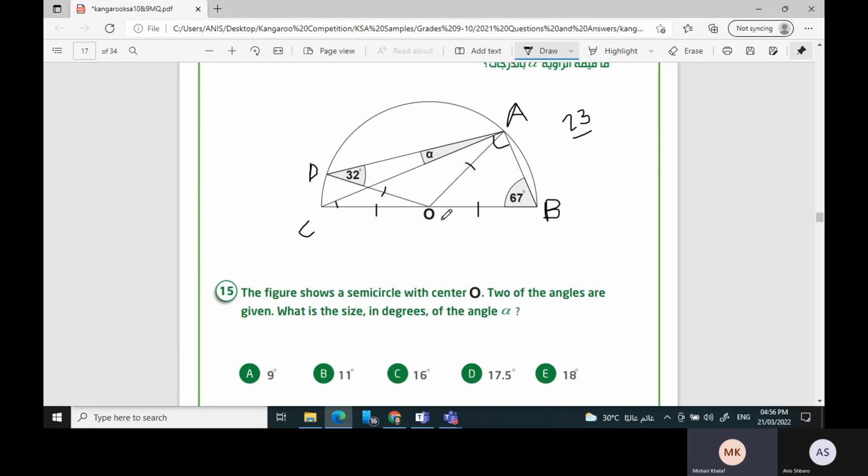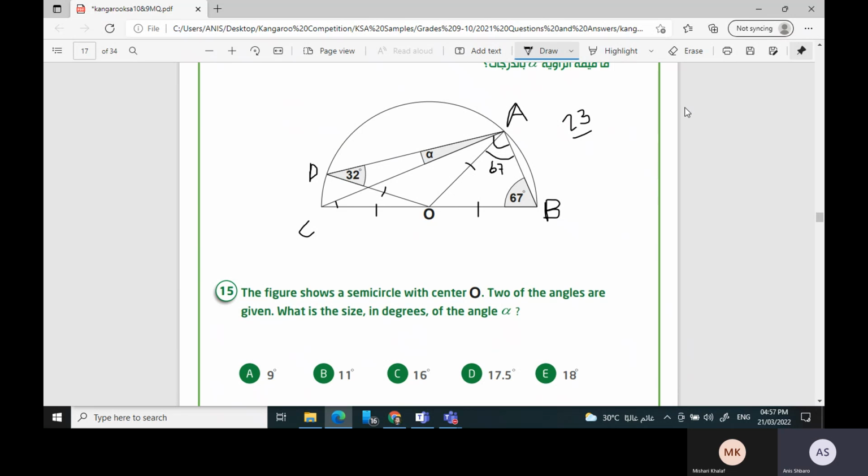It has two equal angles. So for example, ABO, I know that this side AB is called the base, and AO and OB are the legs. They are equal. So these angles are equal. So we know that this one is equal to 67, right? Yes. Because AOB is an isosceles triangle.